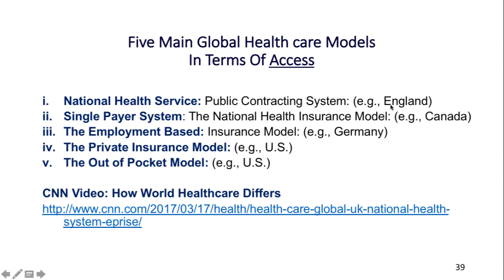A good example would be England. So basically, all the providers are in a public contracting system. The second type is a single payer system, a national health insurance model. The best example would be Canada.